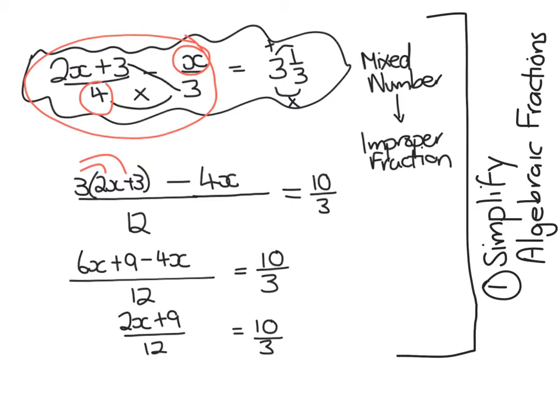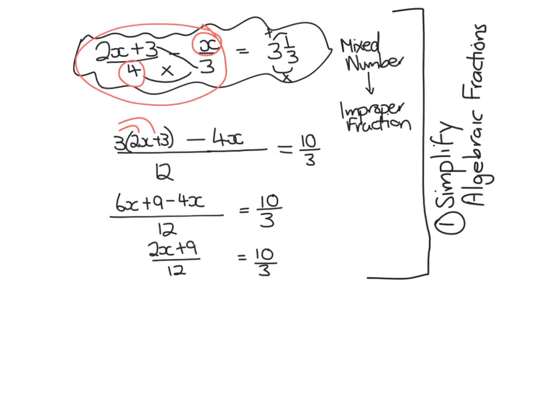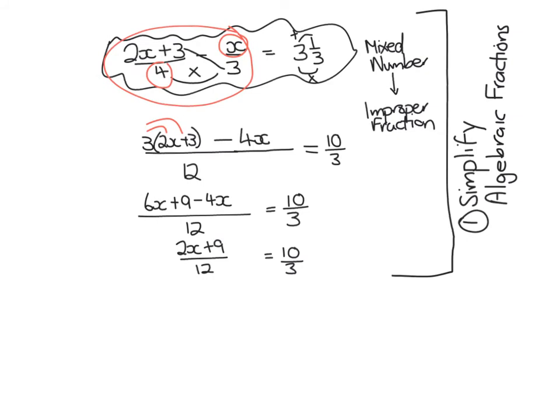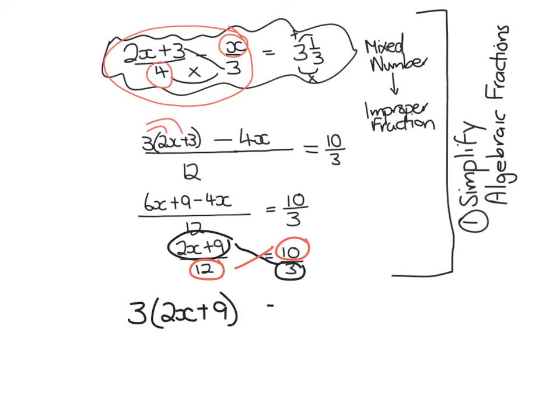So simplify algebraic fractions. Then our second step is going to be to do something called cross multiplication. That's just when we multiply that denominator by that numerator, and we multiply that denominator by that numerator. So we can do that magic process of cross multiplication, and we get 3 bracket 2x plus 9 equals 10 times 12, which is 120.